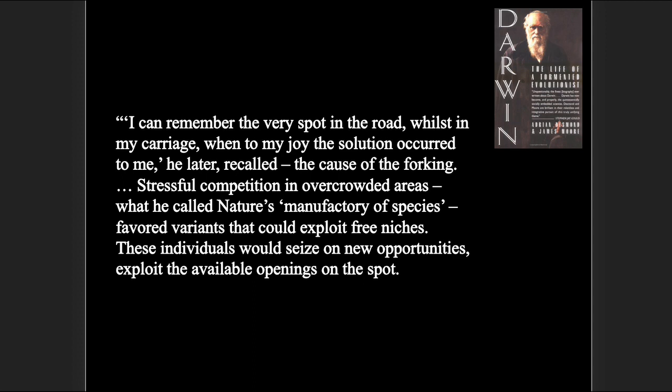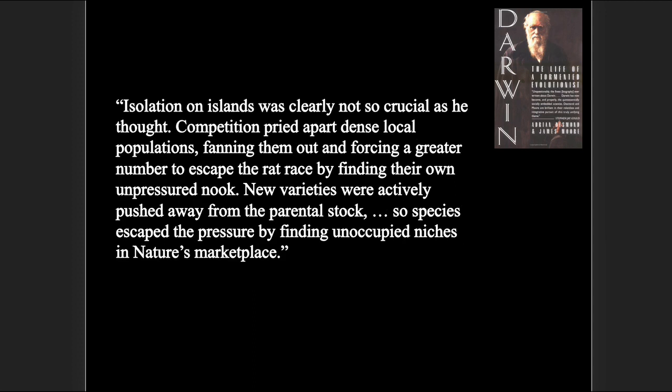Stressful competition in overcrowded areas, what he called nature's manufactory of species, favored variants that could exploit free niches. These individuals would seize on new opportunities, exploit the available openings on the spot. Interjecting, you'll notice the teleological language there of species seizing on opportunities and exploiting opportunities. Continuing.